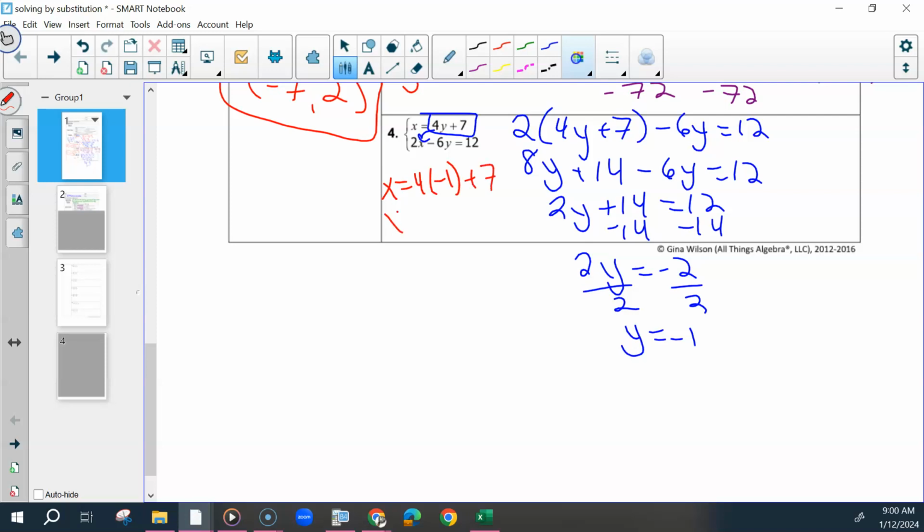What would your x value be? 3. So even though we solve for y first, still put it as an ordered pair x comma y. So 3, negative 1.